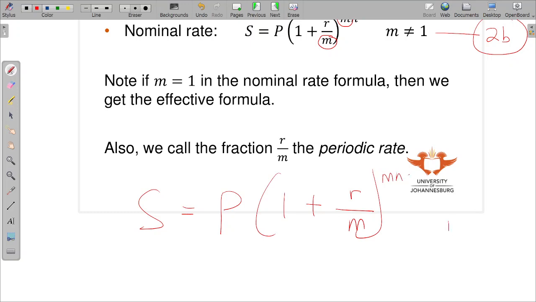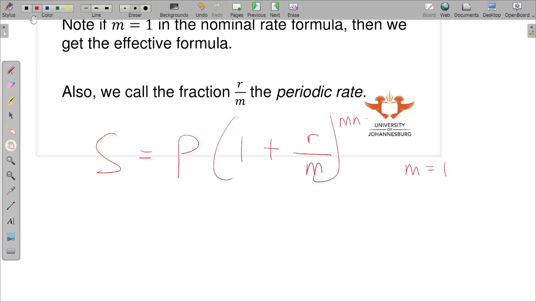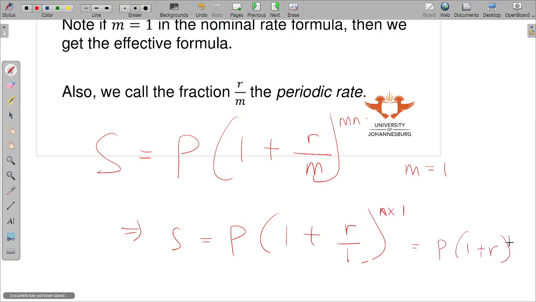to the power mn. So now if m equals 1, we are just going to get what we started with. It implies S equals P times 1 plus r over 1, to the power n multiplied by 1, which is the same thing as P(1 + r)^n.